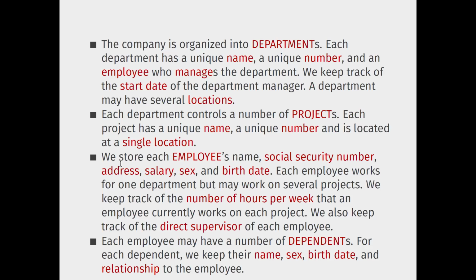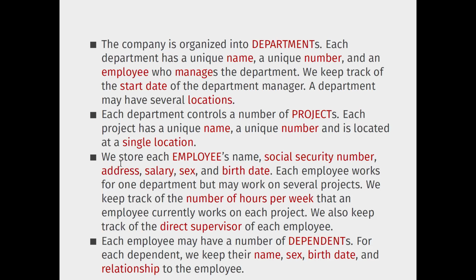So usually when we want to start modeling the conceptual model, we start with a data requirement, a data description, something like this. Using this data description, we should identify what the entities are, then identify what the attributes are, and identify what the relationships are.